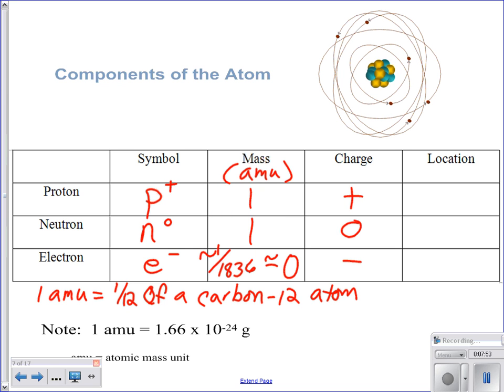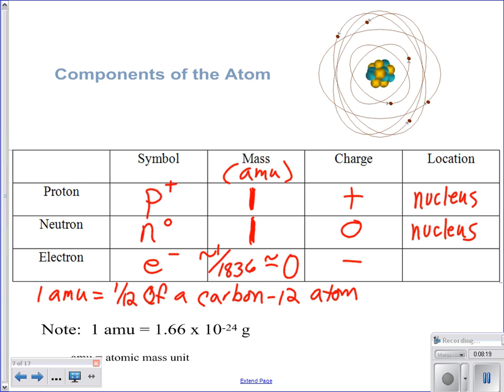It's so small. And then if we want to think about how this whole atom is structured, where do we see the mass of our atom? Well, it's in the proton and the neutron. Where are the protons and the neutrons located? In the nucleus. Whereas the electrons are not in the nucleus.